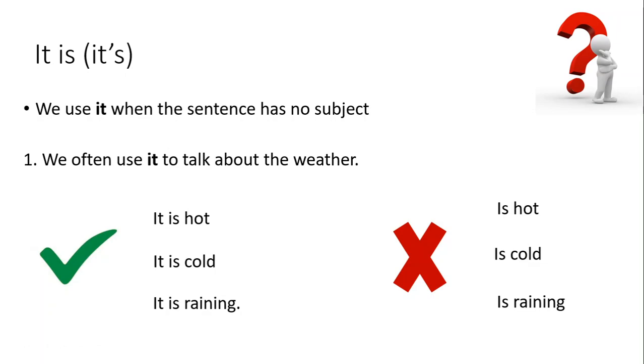Because grammatically, these sentences have no subject, right? Remember that I mentioned all sentences in English must have a subject. Okay, so hopefully you understand this one. If you don't understand, you can directly contact me, okay.